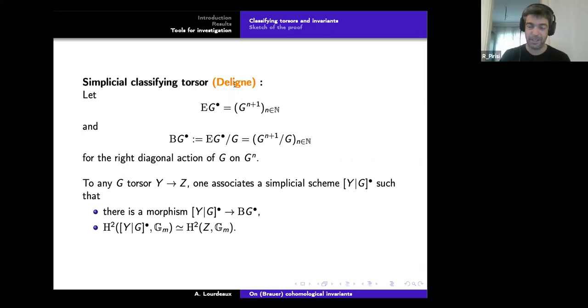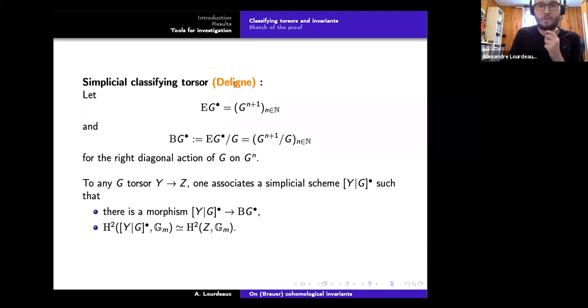In your case, it also extends to the bad prime. The P torsion for the characteristic is a delicate point, because otherwise a lot of things are easier outside the characteristic.